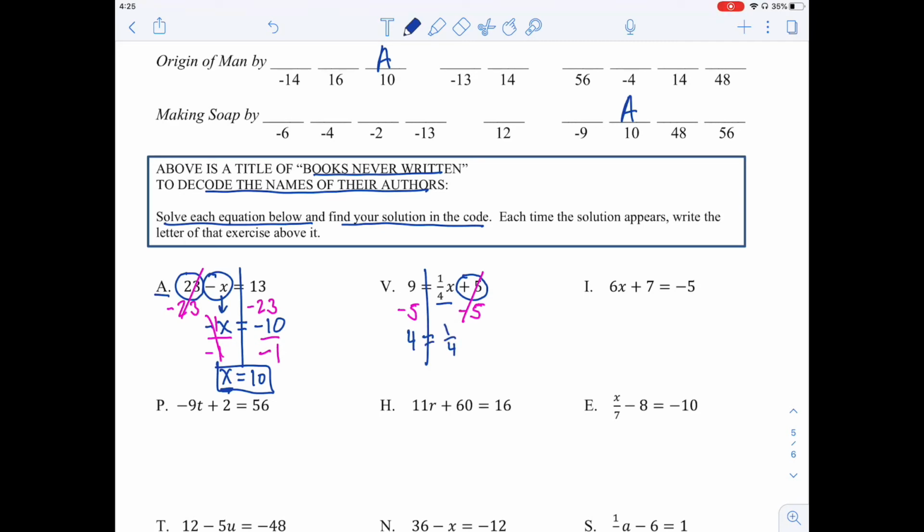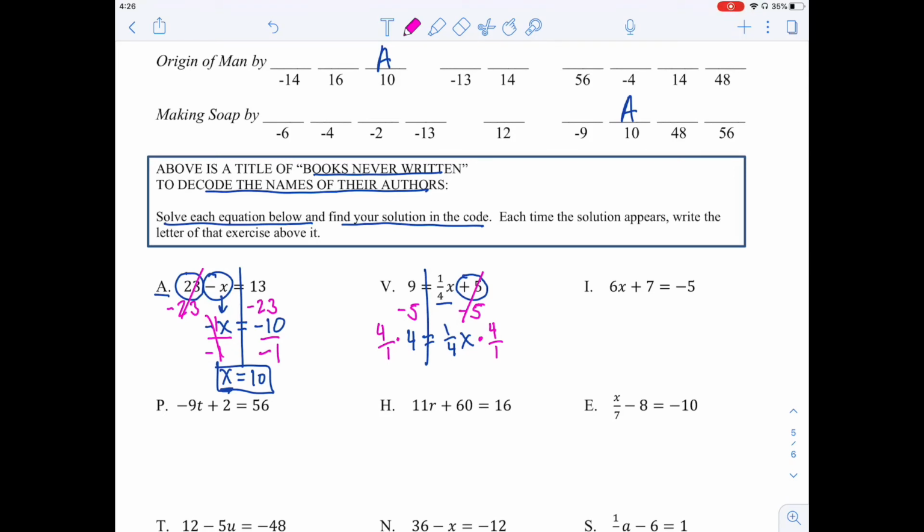And then we bring down the 1/4 x. And then we want to get rid of that times 1/4. So we have to divide by 1/4, which is the same as multiplying by the reciprocal of 1/4, right? Keep, change, flip. So we're going to multiply by 4/1 to both sides.